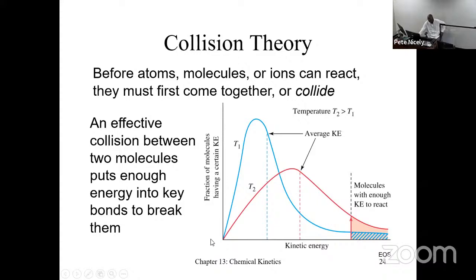Just to explain what's happening here, the y-axis is where you plot the fraction of molecules having a certain amount of kinetic energy, and the x-axis is kinetic energy, right? In the case of the lower temperature T1, this is the curve, the blue line, and the red line here is the curve for the higher temperature T2, right?